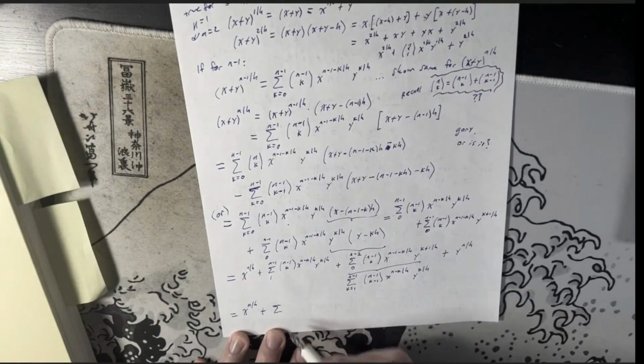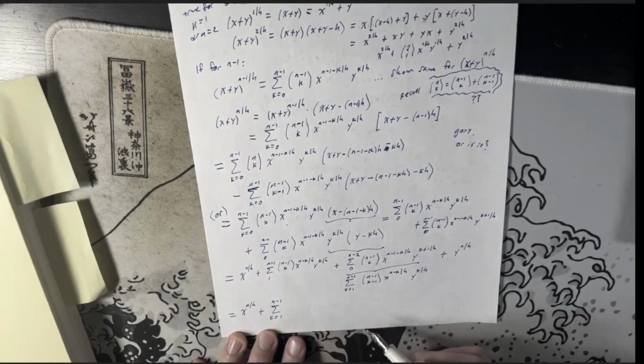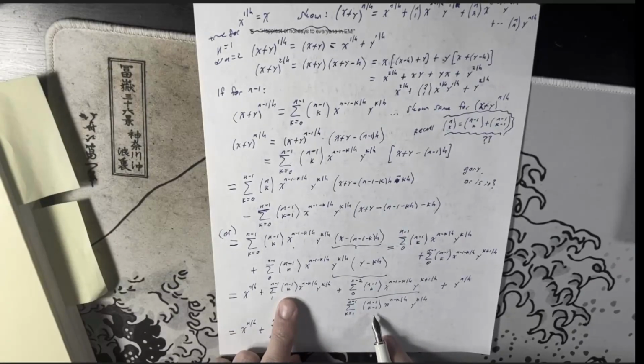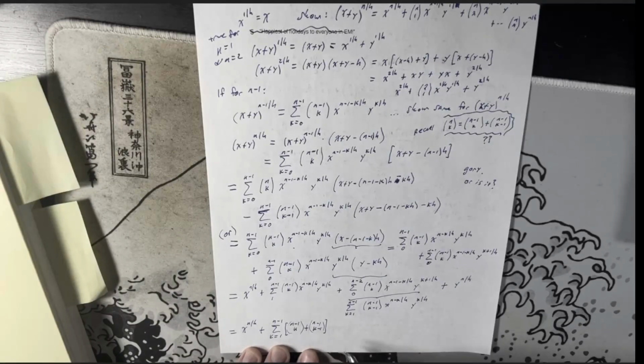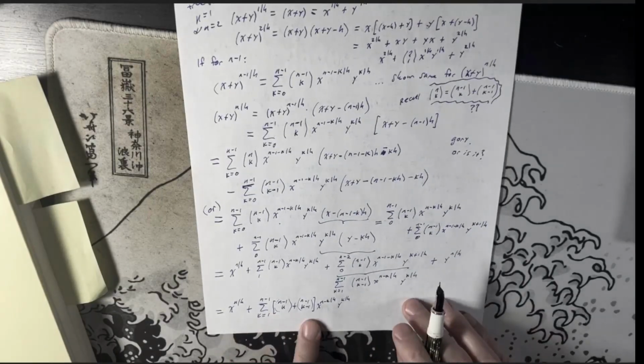So now we're getting k equals 1 to n minus 1, and you're seeing... Is that perfectly clear? Well, I'll just write it down. I won't skip any steps. You get that times x to the n minus k h, y to the k h. And this, we have a formula for.